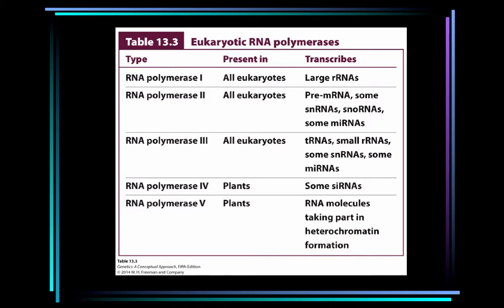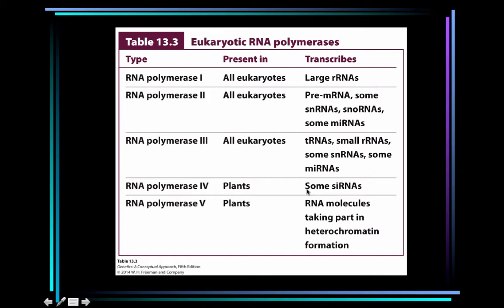RNA polymerase 2 is responsible for transcribing pre-mRNAs, a few of the snRNAs, a few of the snoRNAs, and some of the microRNAs. Polymerase 3 is responsible for transcribing transfer RNAs, small ribosomal RNAs, as well as a few others. And then RNA polymerase 4 and 5 we see exclusively in plants. We don't see them in animals at all.